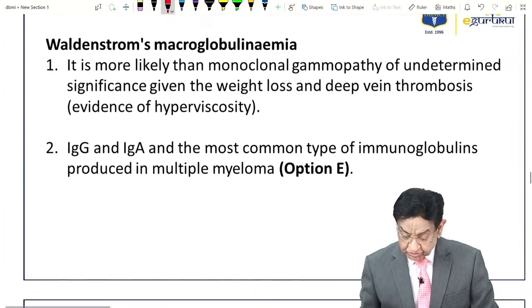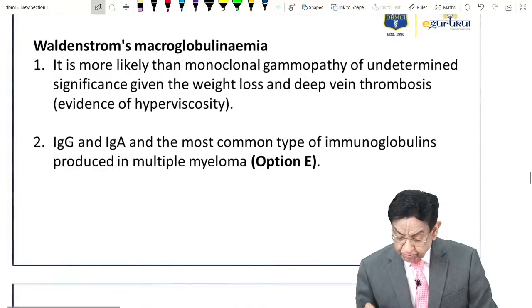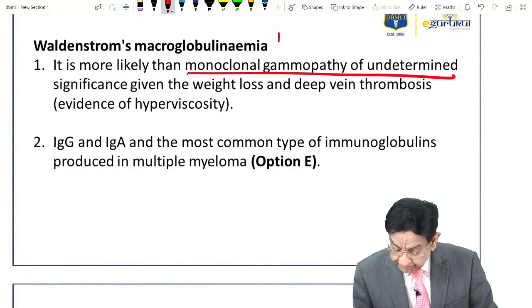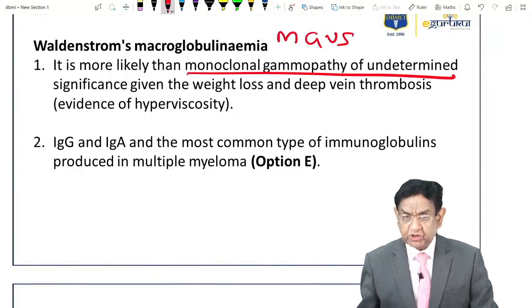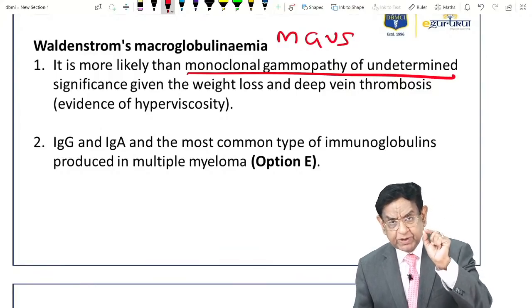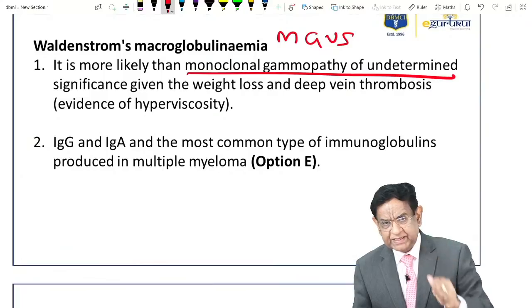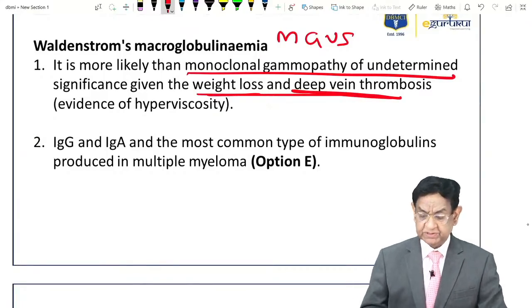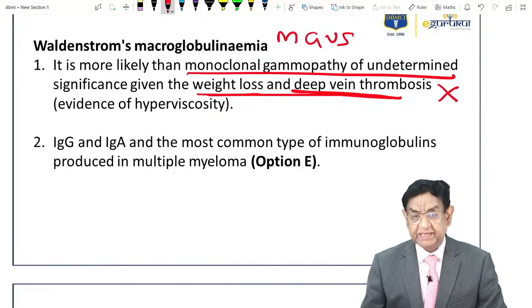What about monoclonal gammopathy of uncertain significance, which in short we write as MGUS? In MGUS there is some increase, but they don't have weight loss and they don't have deep vein thrombosis. They are not seen in MGUS.